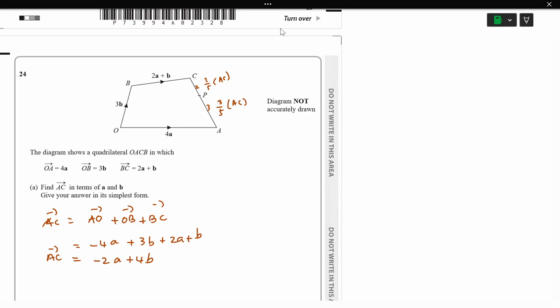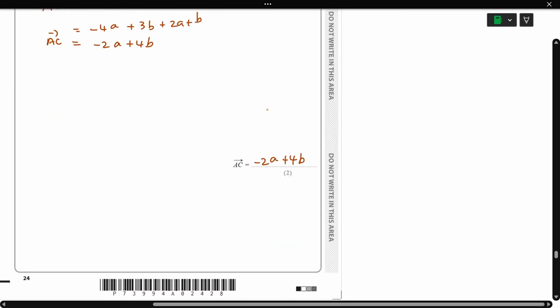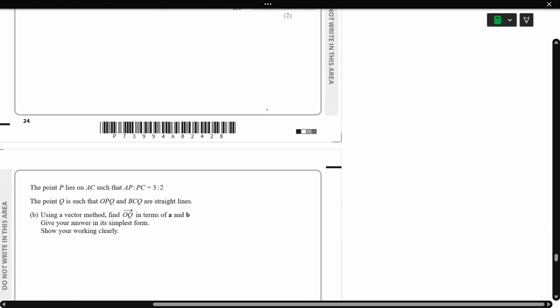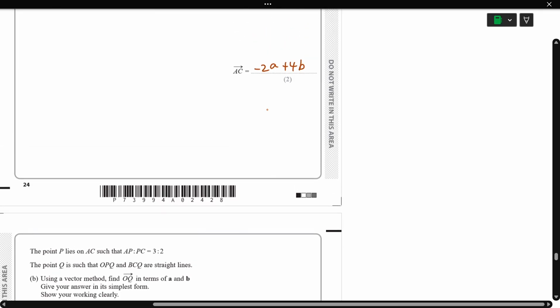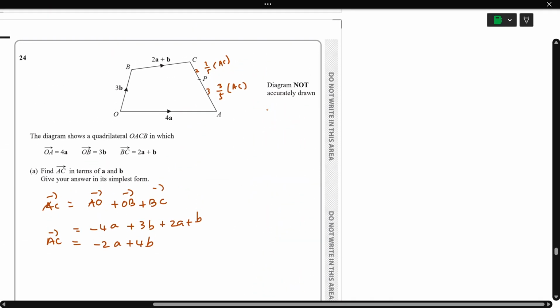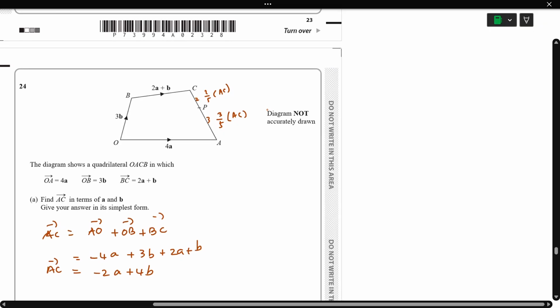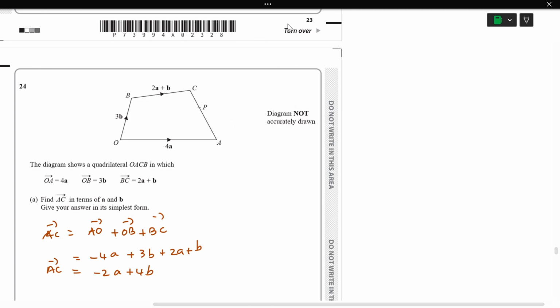Okay, the question says Q is a point such that OPQ and BCQ are straight lines. So I'll erase this. Next, Q is a point, OPQ goes this way, and BCQ.